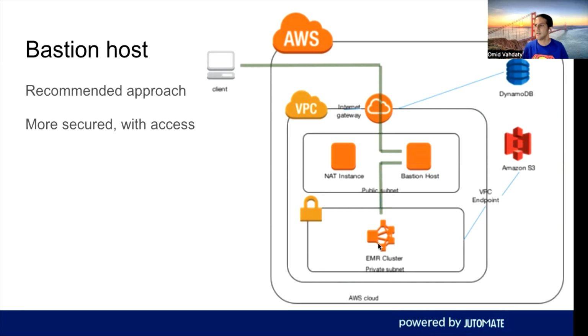That's it. That's to avoid giving a public IP, because what happens if I remove the public IP address from the EMR? I won't be able to access it. So I need some machine with a public IP address so I can SSH into it and then hop again to the private network.